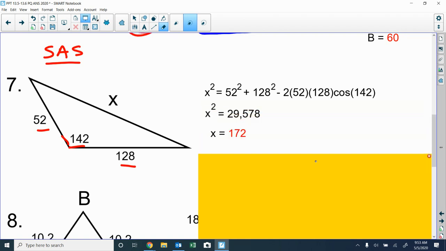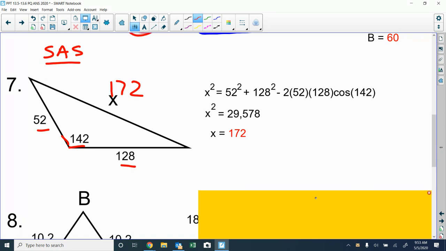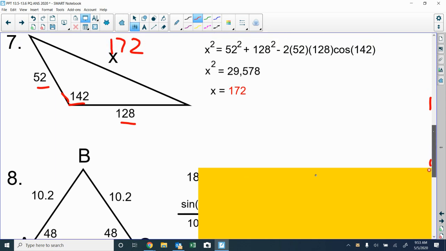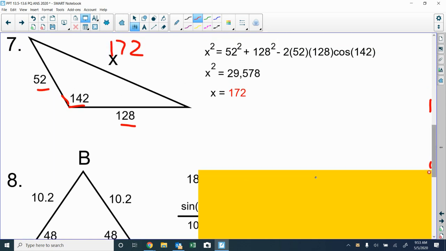So once we get the size of X, we got X to be 172. And now we're going to use the law of sines. Why? Because it's much easier. It's just simple ratios. We'll set up those ratios now and finish this out. Well, looks like I thought I had them, but apparently not. This one is B. So then we would just set up our ratios from there and solve for the other side.